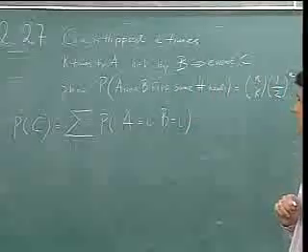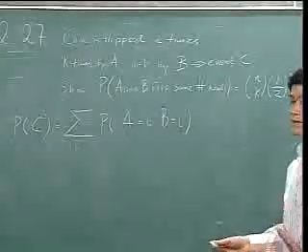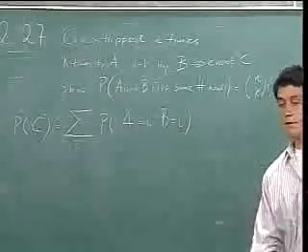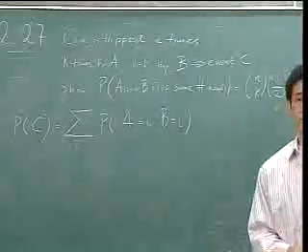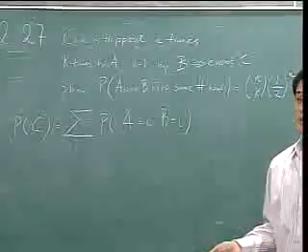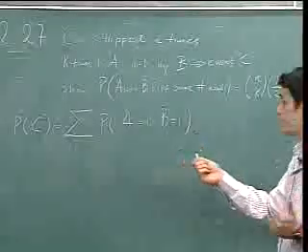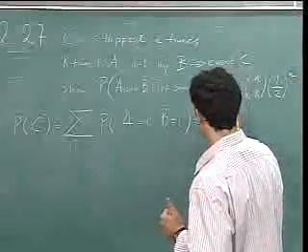Okay? Now A and B are of course independent, because we can literally view them as person A flips k times and then person B flips n minus k times. They're independent trials, so we can break this probability into the product of the two respective probabilities.